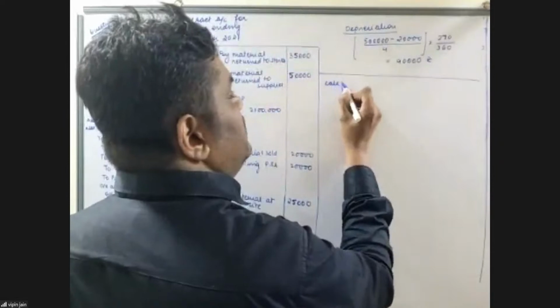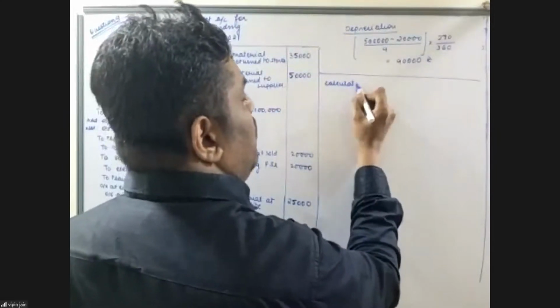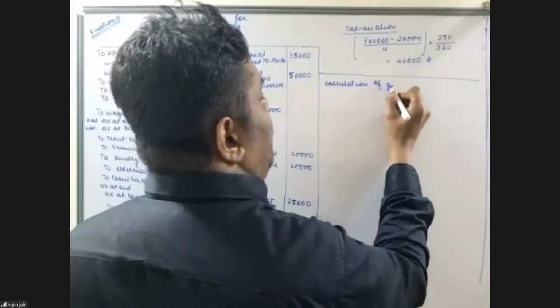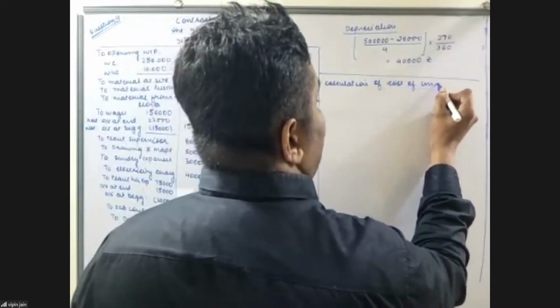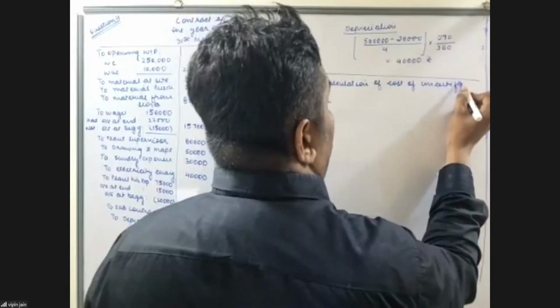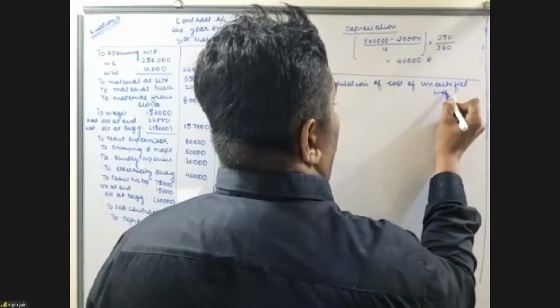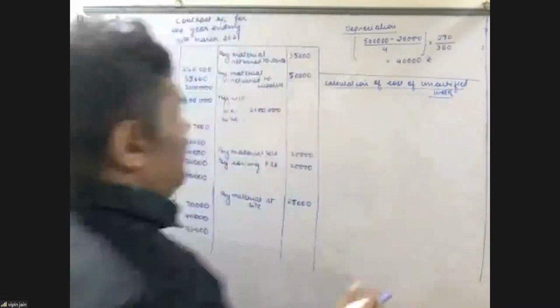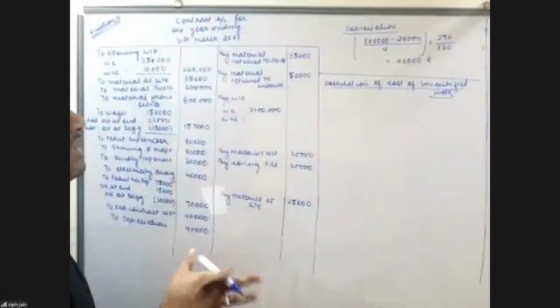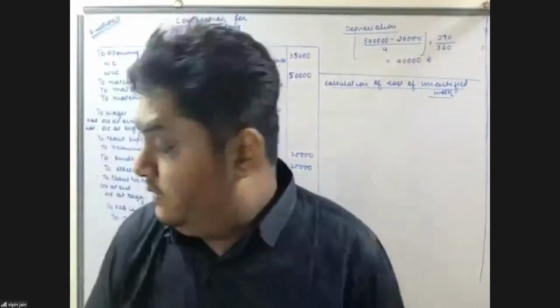So calculation of cost of uncertified work. Now let's calculate the cost that is incurred till date first.